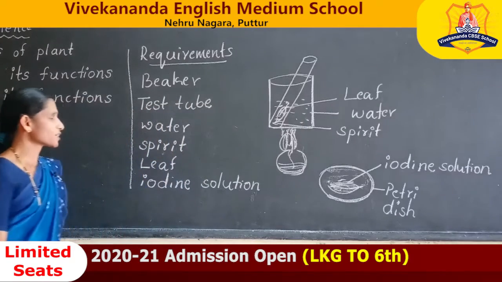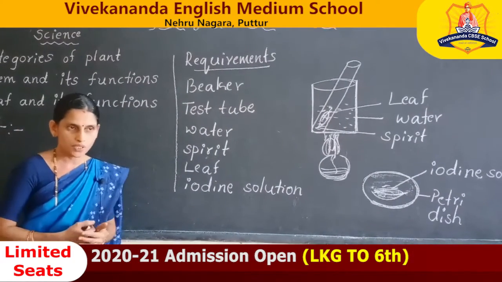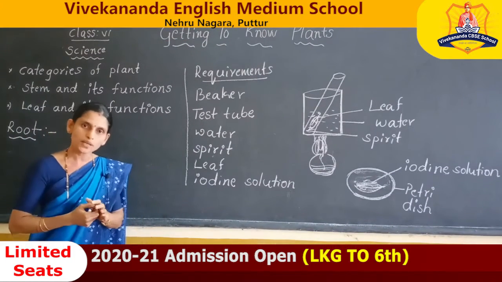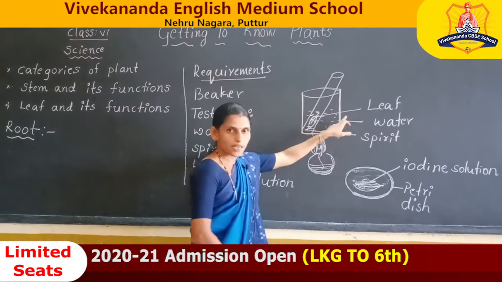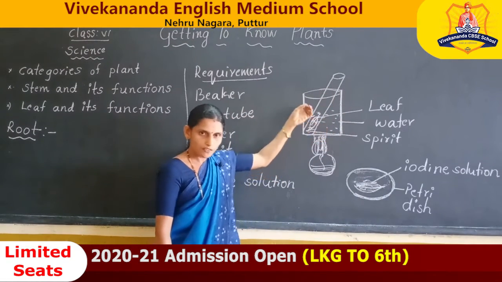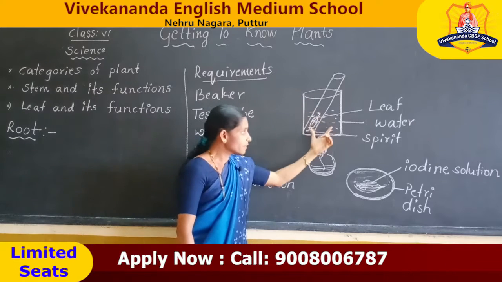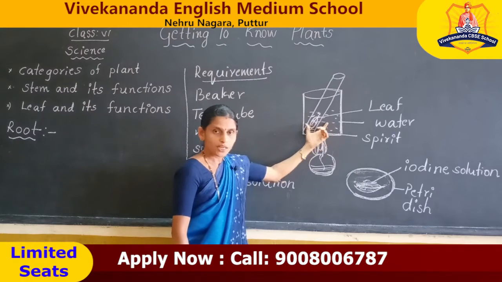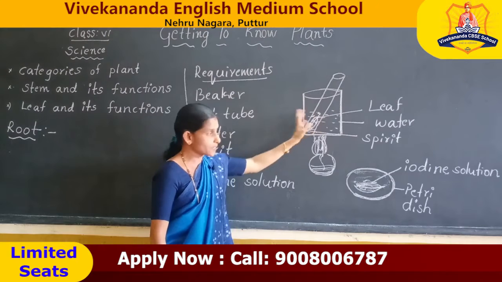So it is an activity to show that leaves produce food during photosynthesis and that food is stored in the form of starch. Once again I repeat: take a beaker filled with water and a test tube in which a leaf is immersed, to which spirit is added, and the water is boiled till the color of the leaf disappears.